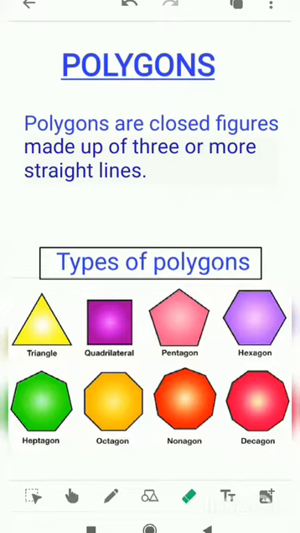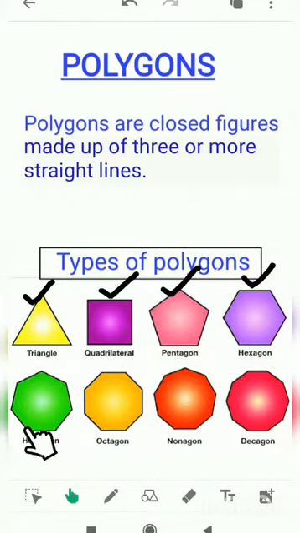These are the different types of polygons. We were discussing triangle, quadrilateral, pentagon and hexagon. Now look at the green figure.